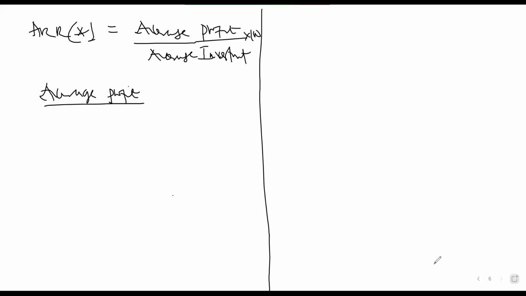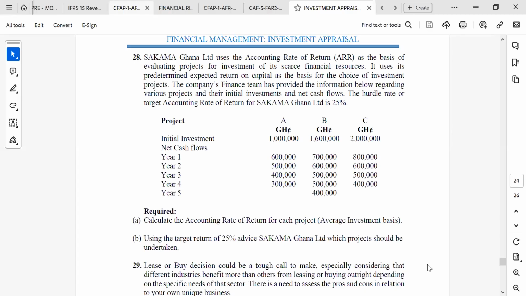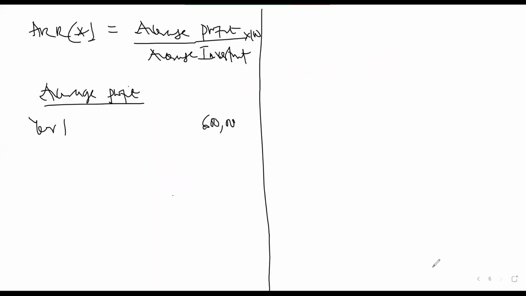Okay, so you look at profit. Each year, you look at the total profit. So you have year 1. What is the cash flow for year 1? Can someone mention them? 600, 500, 400, 300. Okay. So year one is 600.